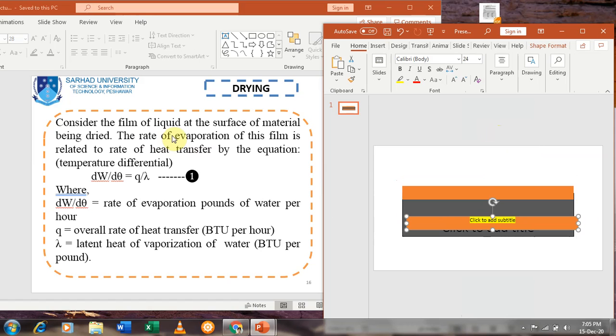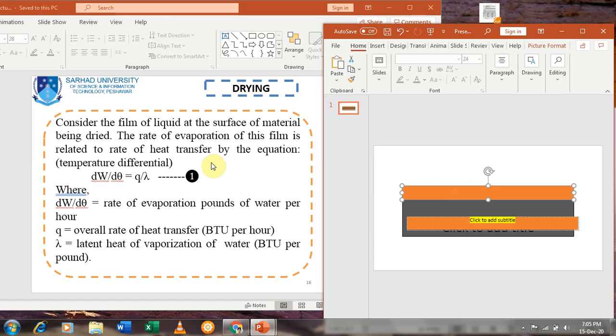If we have a film of liquid at the surface of the material, and this is the material surface that is to be dried, the rate of evaporation of this film over the material is related to the rate of heat transfer. If I increase the heat per unit time, then the rate of conversion from the liquid to the vapor state will be increased.